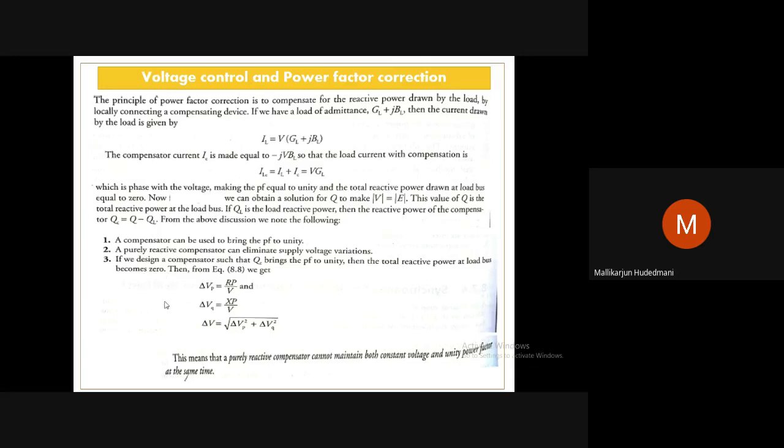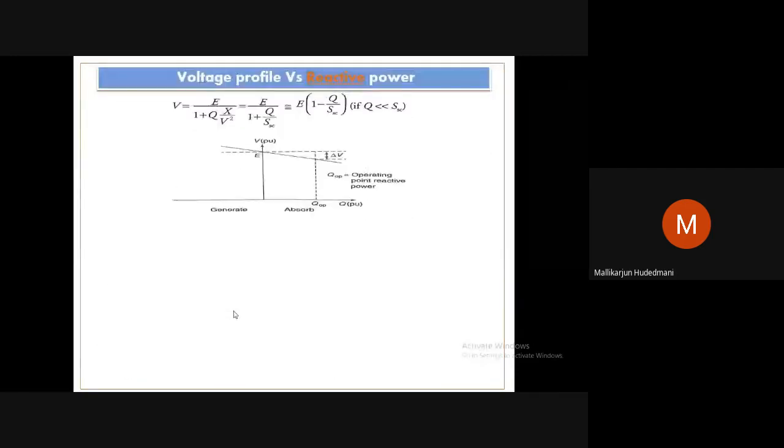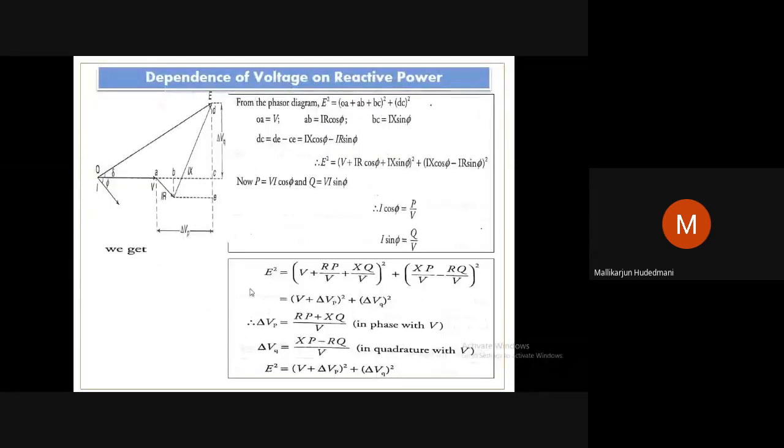Now recall the terms we got as delta Vp, the in-phase voltage component, and delta Vq, the quadrature voltage component, that we have seen in the discussion over here. Here, delta Vp is in phase with the voltage, delta Vq in quadrature.